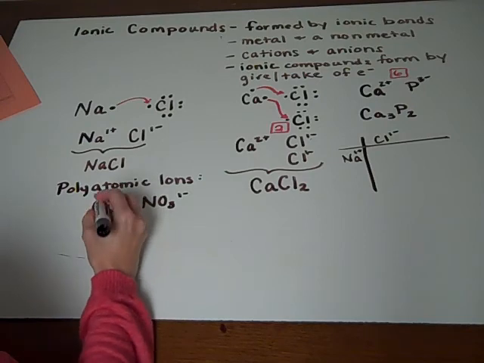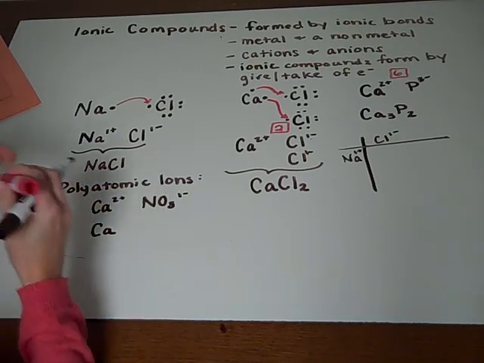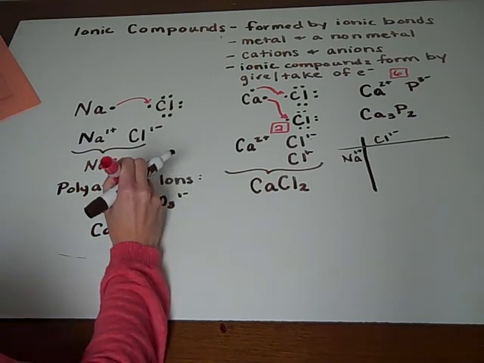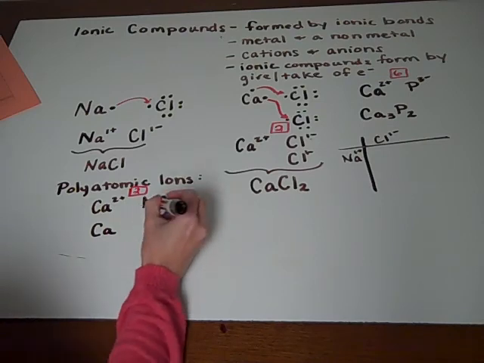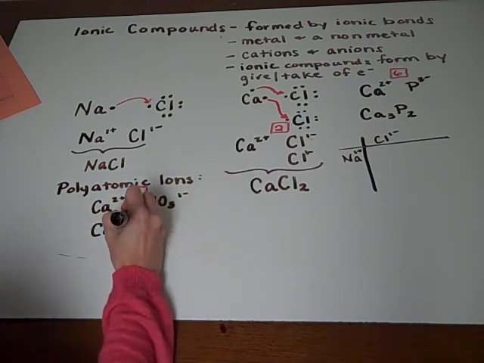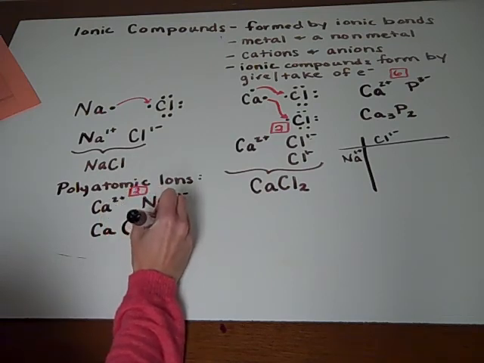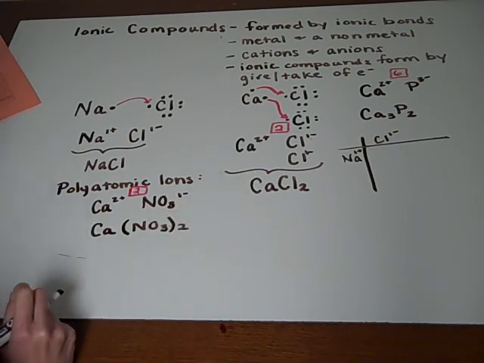So what am I going to do here? I'm going to take Ca. What do I want them both to equal? What's my common numerator here? 2, right? I need 1 Ca. How many NO3s do I need? I need 2 of them. So what I do to show that I need 2 of them is I write NO3 in parentheses, and I need 2.